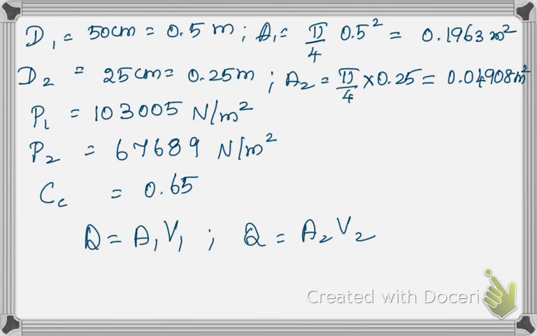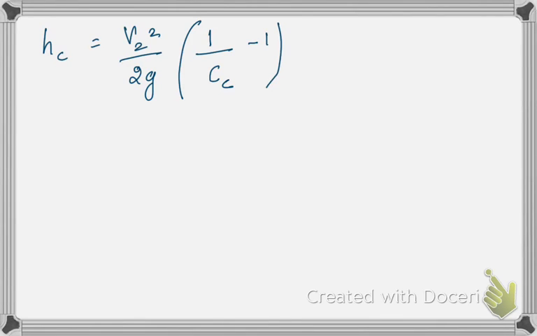In order to do that, first we will determine the head loss due to contraction, because the pipe is getting contracted from 50 centimeter to 25 centimeter. The formula for head loss due to contraction is V2 squared by 2g into (1 by Cc minus 1).